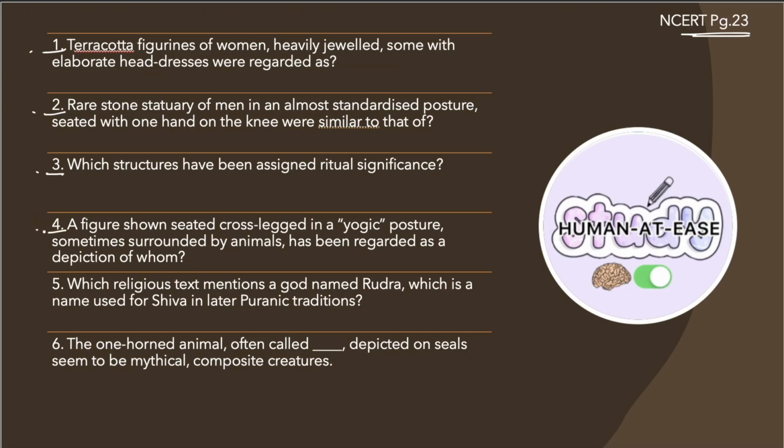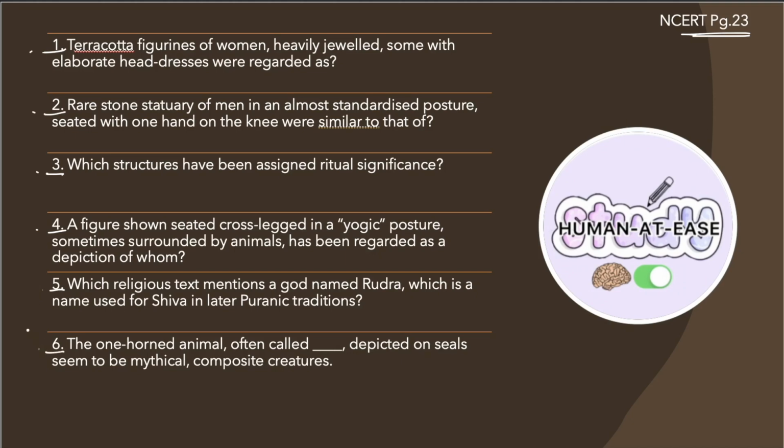Question number 4. A figure shown seated cross-legged in a yogic posture, sometimes surrounded by animals, has been regarded as a depiction of whom? Question number 5. Which religious text mentions a god named Rudra, which is a name used for Shiva in later Puranic traditions?